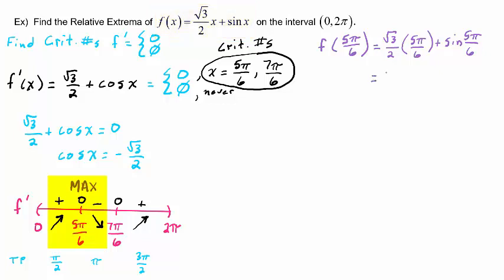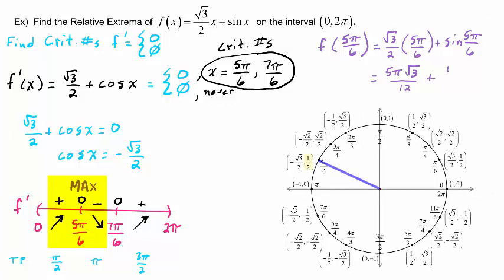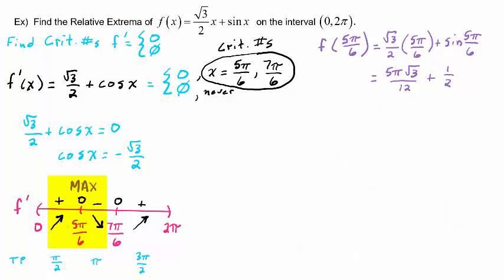So this is going to equal 5 pi radical 3 over 12 plus the sine of 5 pi over 6, which is a half. Now we need the common denominator, which of course is going to be 12. So we multiply that second rational expression by 6 over 6, and we find out that f of 5 pi over 6 is going to be 5 pi radical 3 plus 6 over 12.